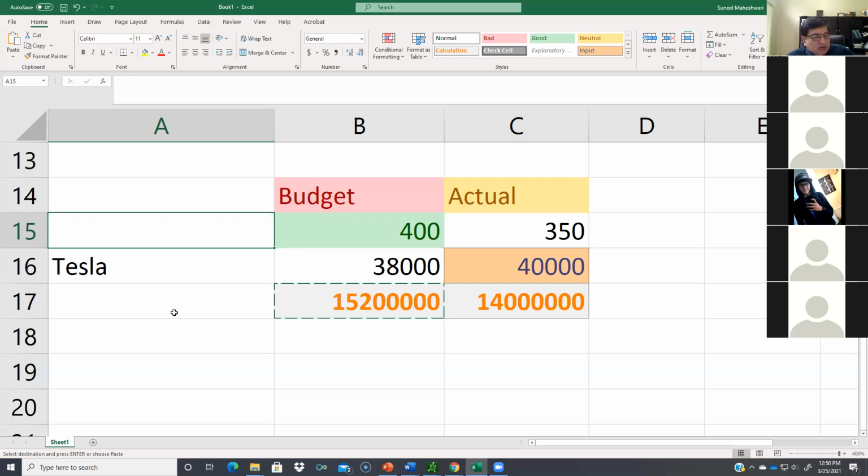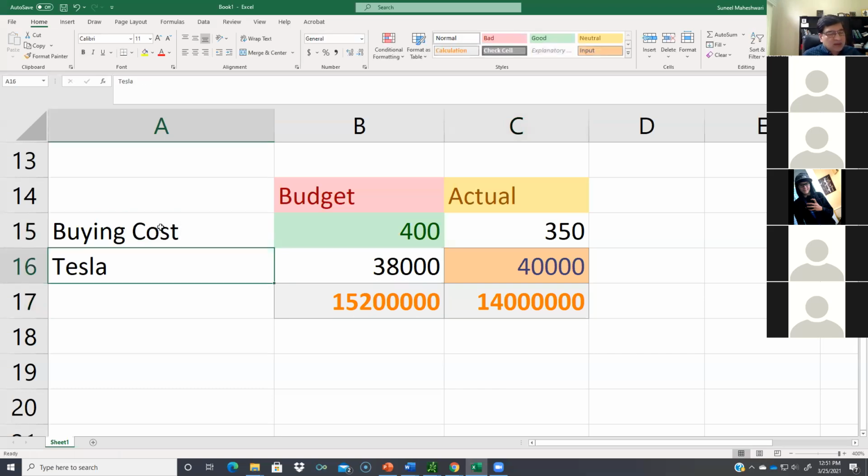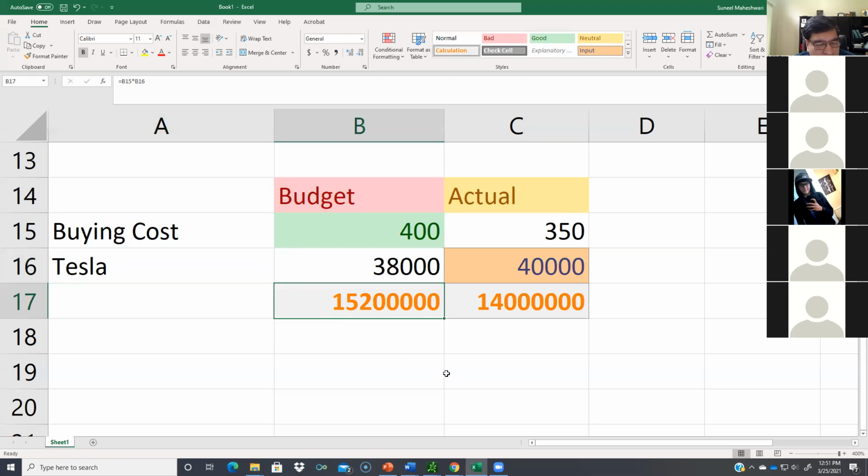Let's just make it clear. Say you're buying it, just do it for cost right now. So you were budgeting to spend 15,200,000, but you ended up spending 14 million instead of 15 million.